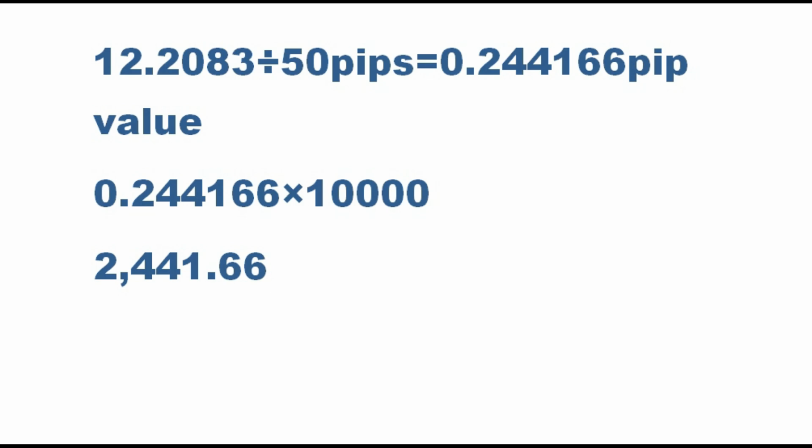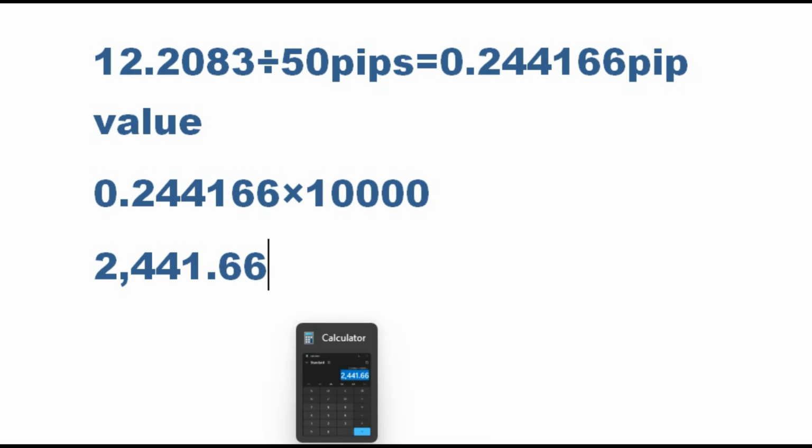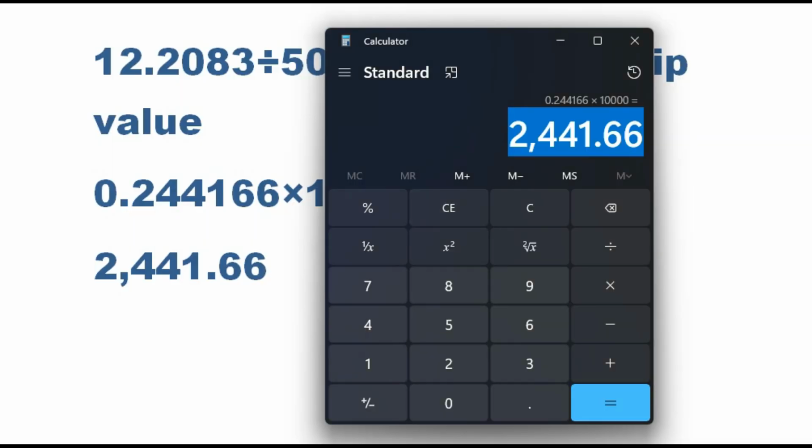To apply this correct position sizing, we need to get the lot size. To get the lot size, we divide this position size by the standard, which is 100,000.